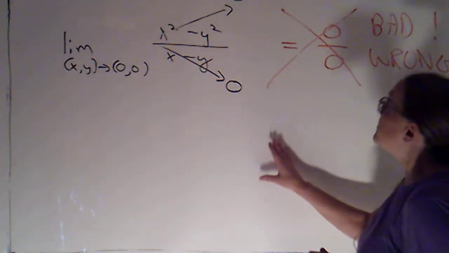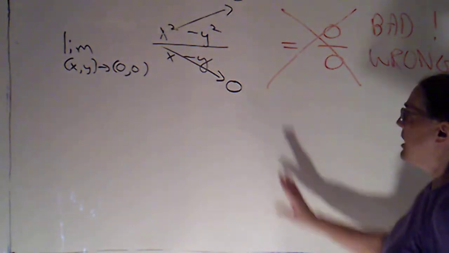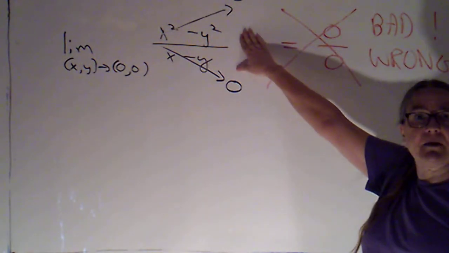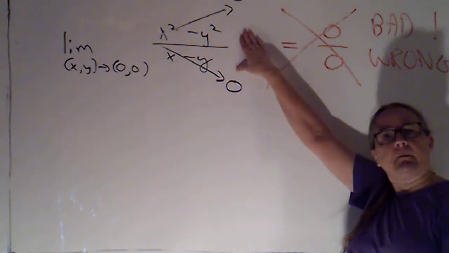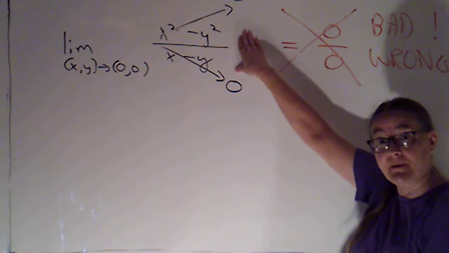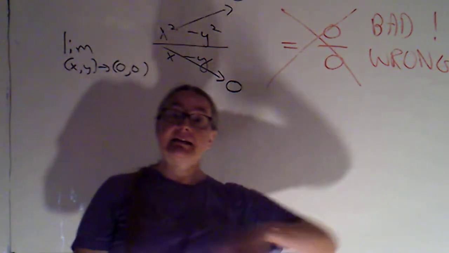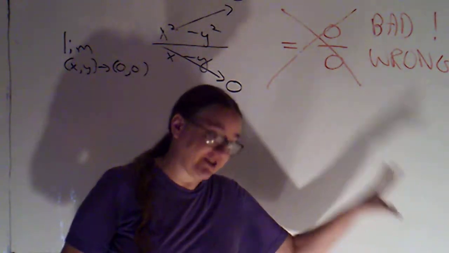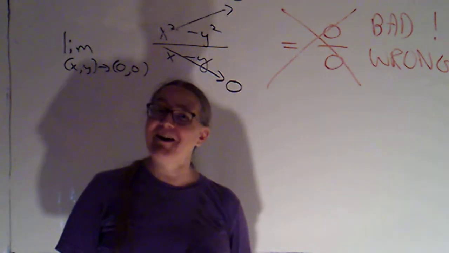Okay. So, if we were to try to use L'Hopital's rule, we'd need to take the derivative of the top and the bottom. That would be a problem because we haven't yet learned how to take derivatives of functions of more than one variable. So you might think, okay, well that's okay, we'll just wait. In a section or 2, she'll teach us how to take derivatives, and then we can use L'Hopital's rule. Nope. Okay?